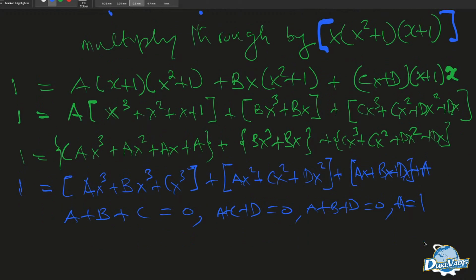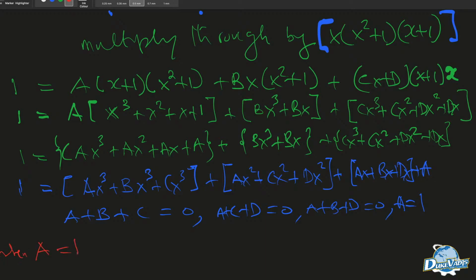Okay. Then when we solve, now we know a is equal to 1. So a is equal to 1.